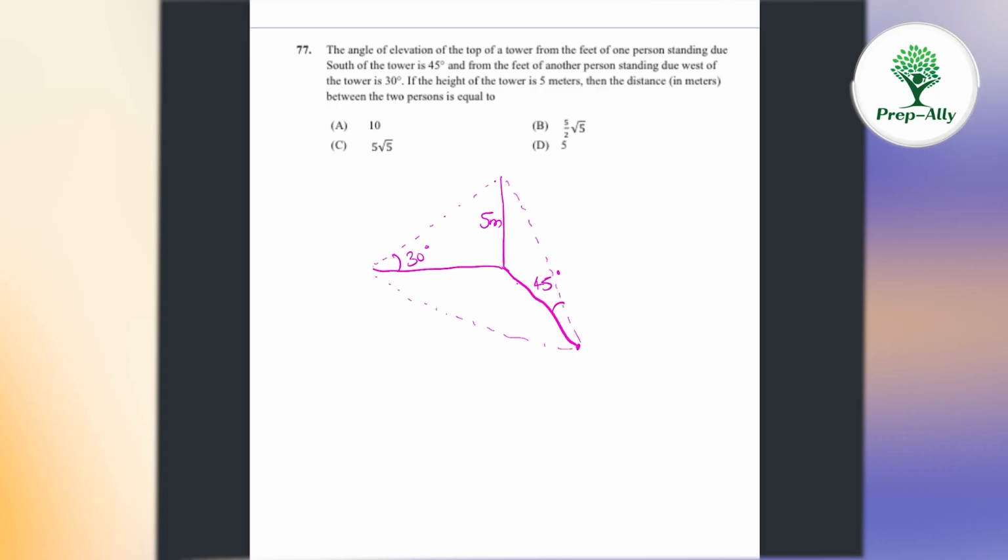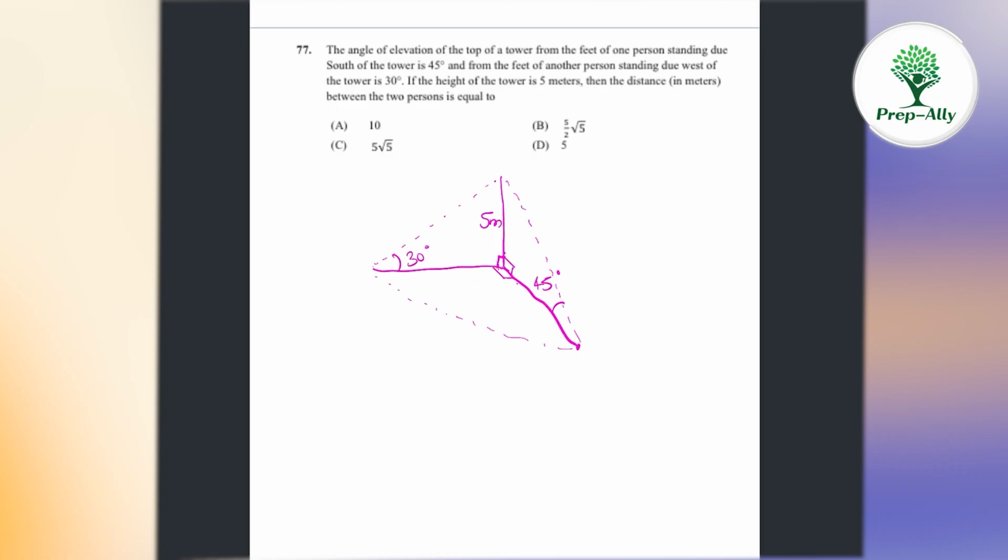So all these are right angle triangles, this one and this one here, and this one here.